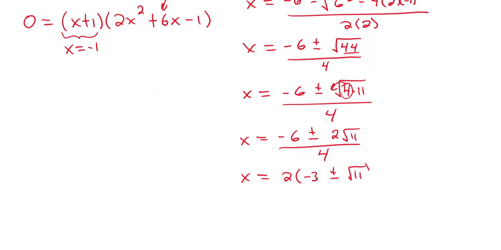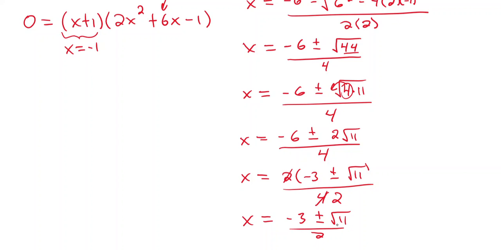Minus 3, and then the 2's gone, all over 4. Now from here, it's pretty obvious what's common. So now the 2 cancels with the 4 on the bottom, and I just have 2 left over. So we get x is equal to -3 plus or minus the square root of 11 all over 2.